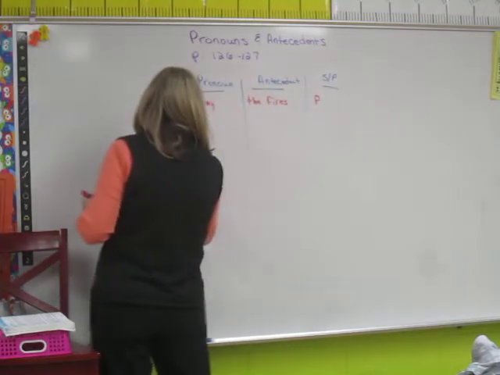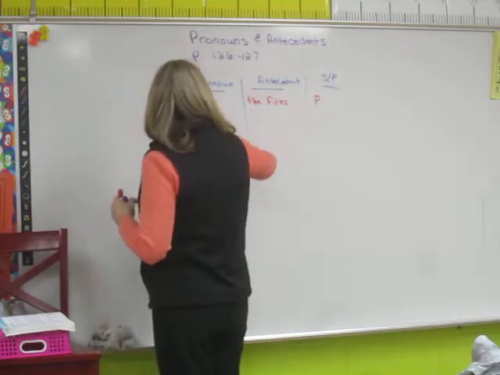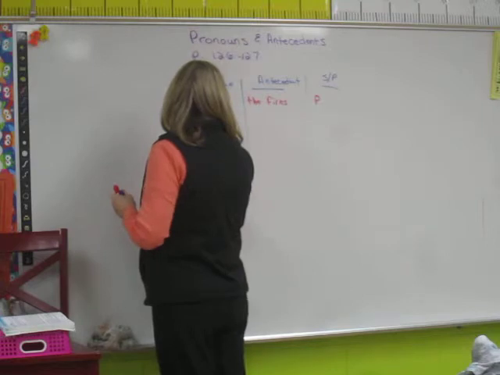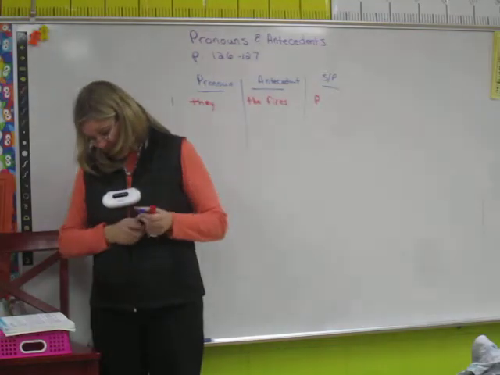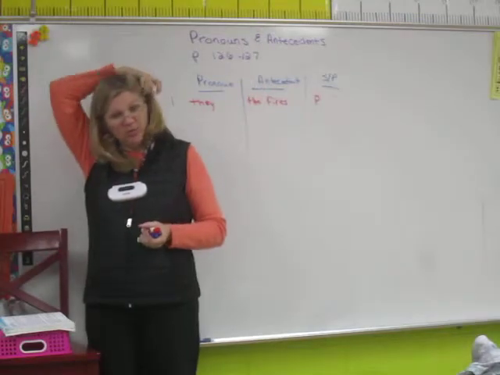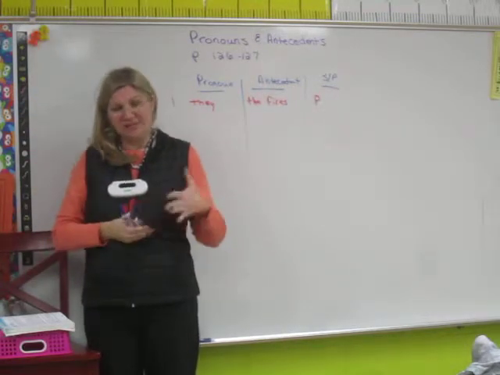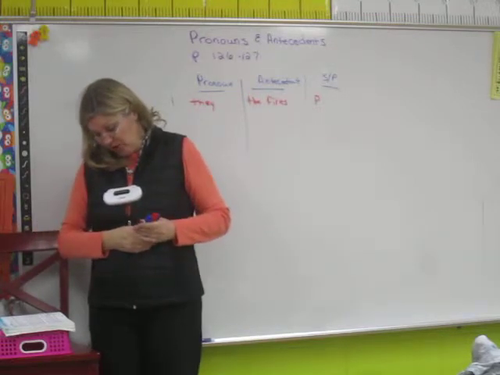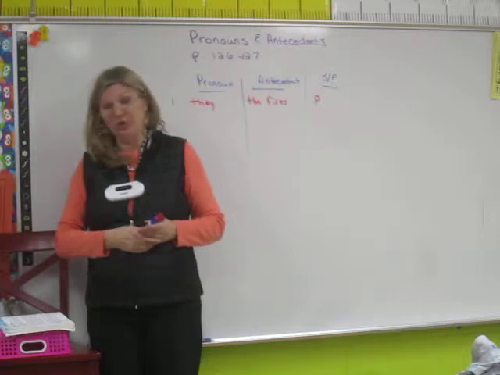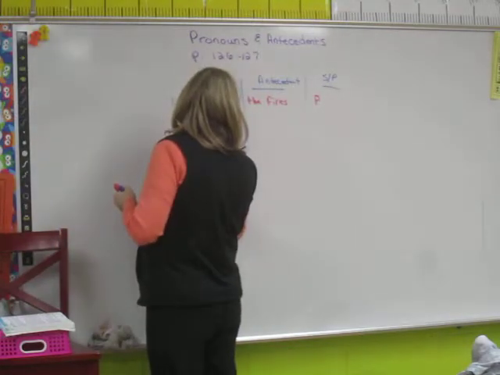So, for instance, take a look at number 7. The fire burned until the rain put the fire out. Well, we wouldn't say the fire twice in one sentence. We would instead replace the second one with a pronoun. And that would be, the fire burned until rain put it out. So for number 7, I put it.